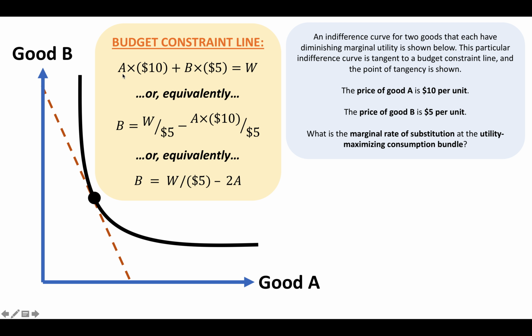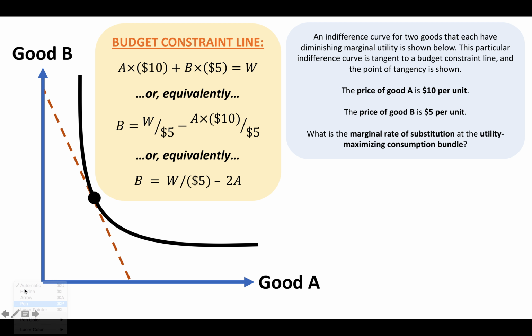This is the price per unit A. This is the price per unit B. If I multiply them by all the A's that I have and all the B's that I have, they have to add up to my budget, which I just made W. The alternative is I take my budget and divide it by the price of B, and subtract A times the price of A divided by the price of B. Or I could write it this way: W divided by 5 minus 2A, and that gives me the function that represents this.